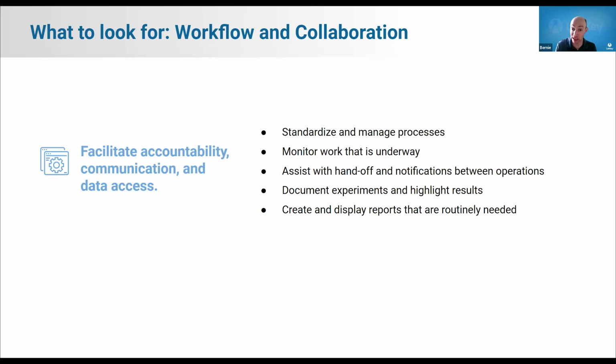Often, multiple people or teams are involved in these workflows, and so handoffs of critical information, as well as notifications for when things are done or needed, when it's your turn, are provided. And the purpose of, say, documenting what is being done is, of course, for things like reproducibility, awareness, learning, and communication.